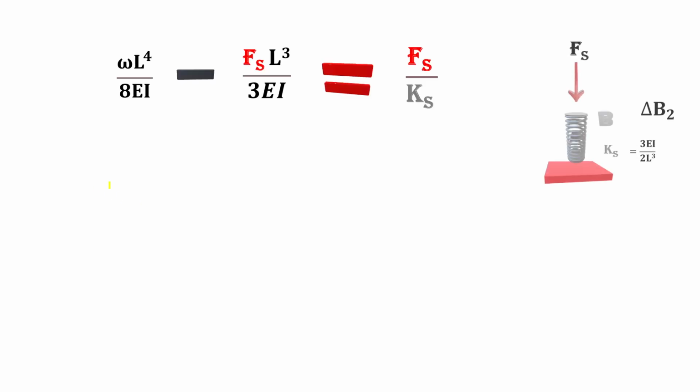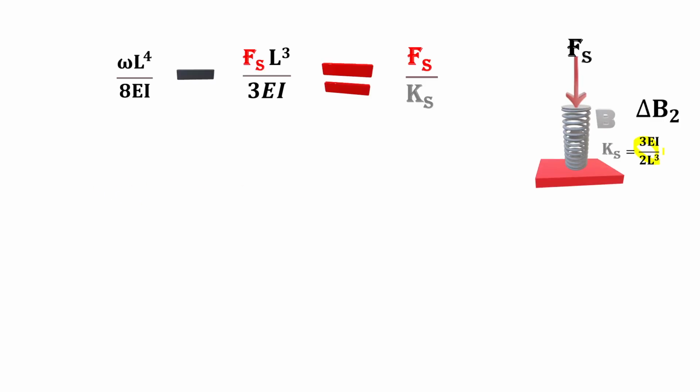So based on consistency of deformation, delta B1 is equal to delta B2.